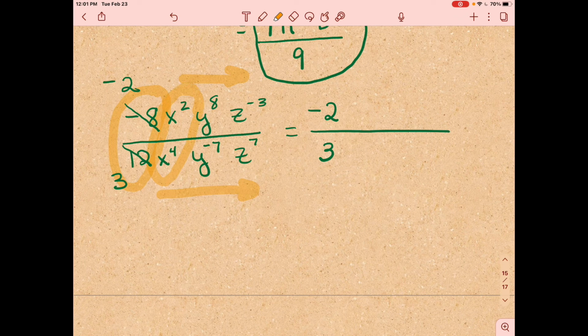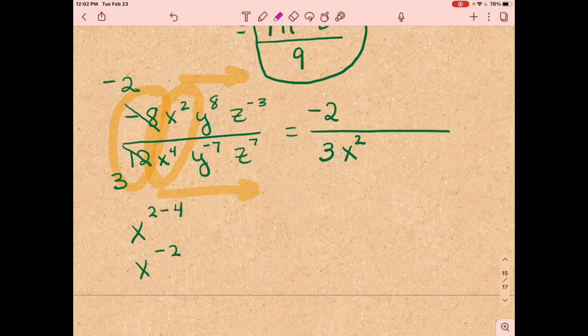I have an x squared on the top and an x to the 4th on the bottom. This is the same as saying x to the 2 minus 4. Okay, that's a little odd, right? Because 2 minus 4 gives me a negative 2. That's because x to the negative 2 will need to be in the bottom of the fraction. Let's see if this makes sense here.